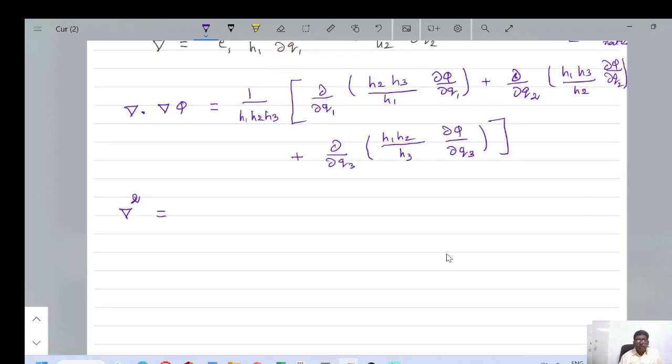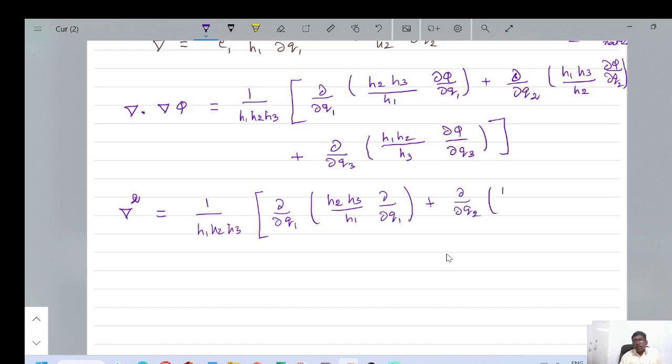Now, the value of del square is 1 divided by h1 h2 h3 times ∂/∂q1 of (h2 h3 by h1) ∂/∂q1 plus ∂/∂q2 of (h1 h3 by h2) ∂/∂q2 plus ∂/∂q3 of (h1 h2 by h3) ∂/∂q3.